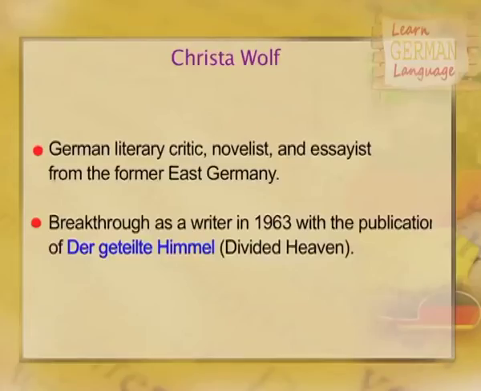Now, another important female author of German literature was Christa Wolf. She was not only an author but also a literary critic and an essayist. A very important work is considered to be the novel Der geteilte Himmel, or The Divided Heaven, which came out in 1963.